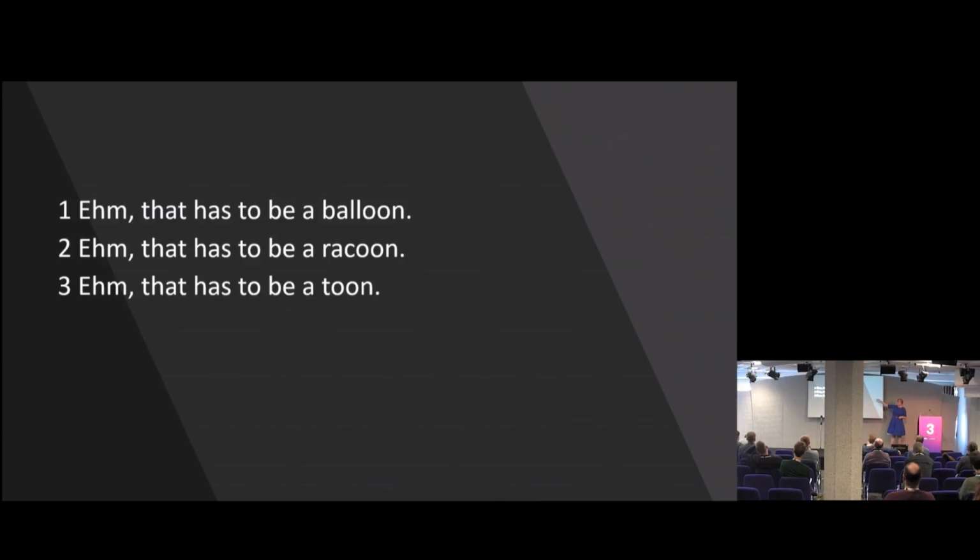But this is what we get back. Now, we can parse through this, and we know that raccoon is an animal and balloon is not, unless it's a balloon animal, I guess. I don't know. It's not in the zoo anyway. So that means that even though balloon has a higher confidence, we can still get that raccoon is the best animal ever. No, that's cats. Just to make sure.